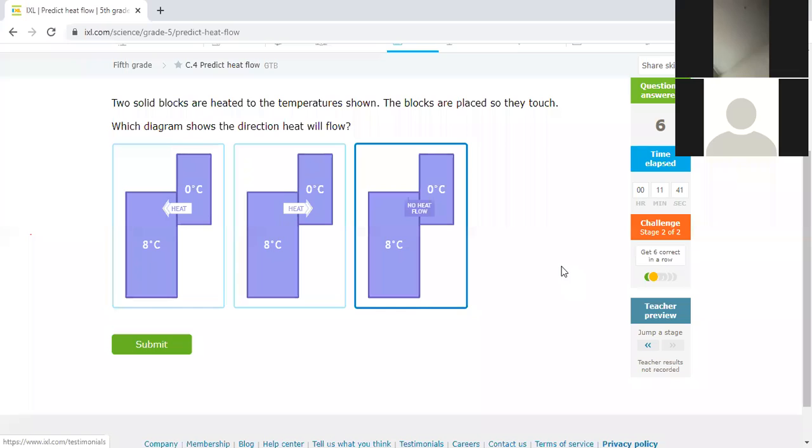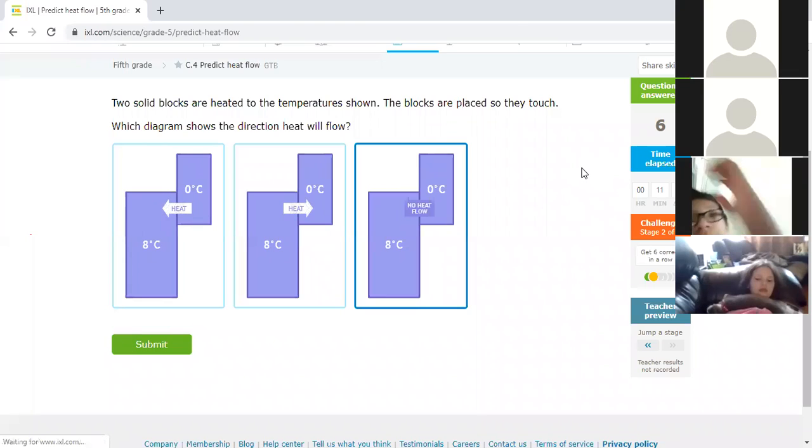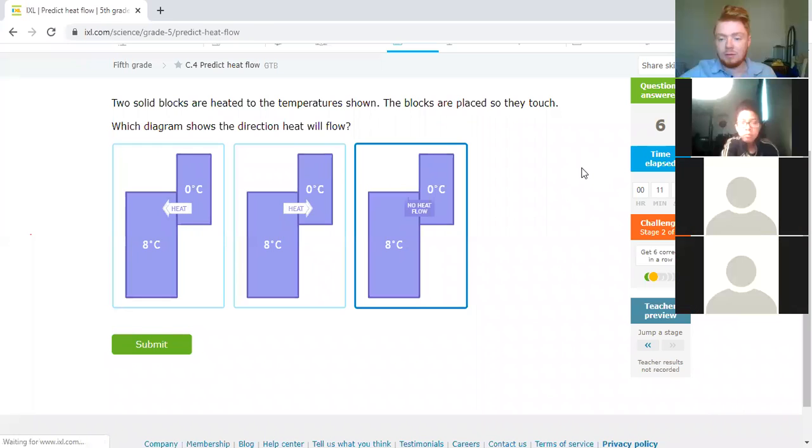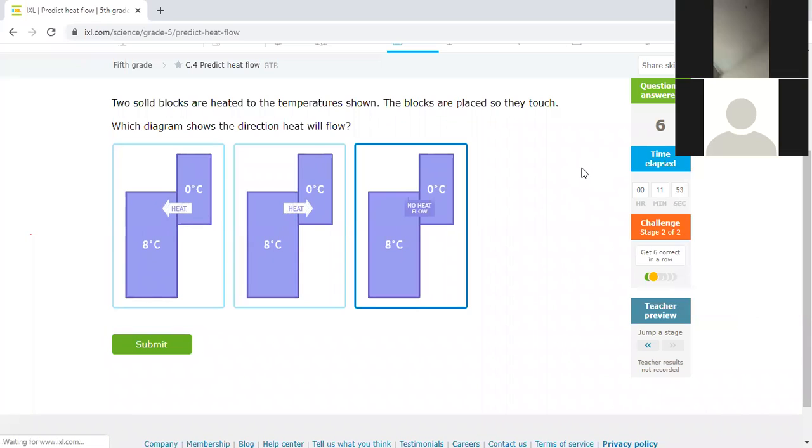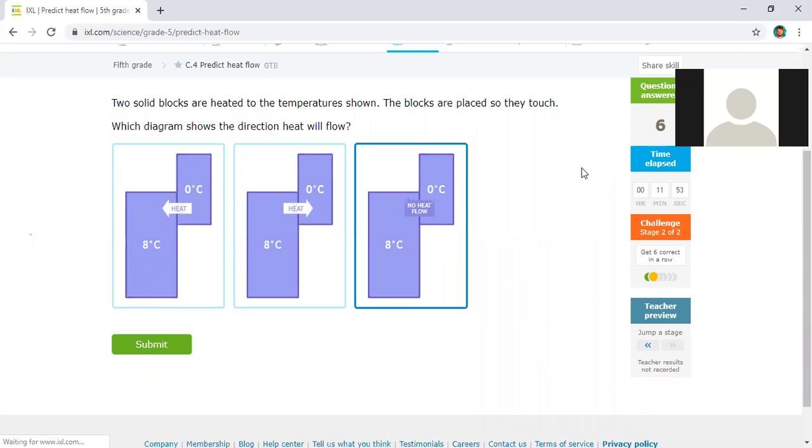All right. Hands up if you disagree with that one. Right, we got a few hands. Okay. So Stella, I haven't heard from you. You said you disagree. So which one do you think it is? The middle one.